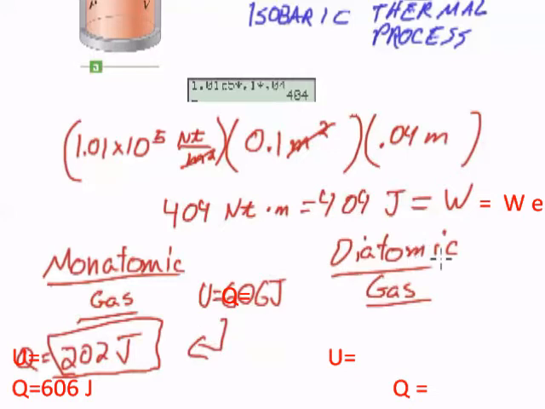With a diatomic gas, though, if I'm not mistaken, we would have 606 joules in the form of pure heat, with a total of energy exchange, or internal energy of the gas, would have had to have changed by 1010 joules.